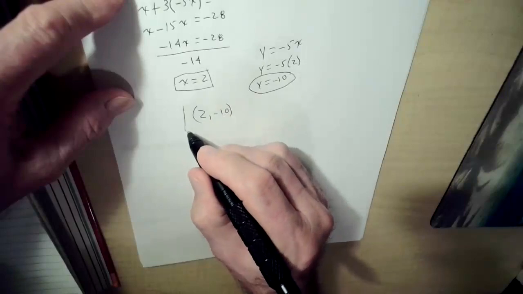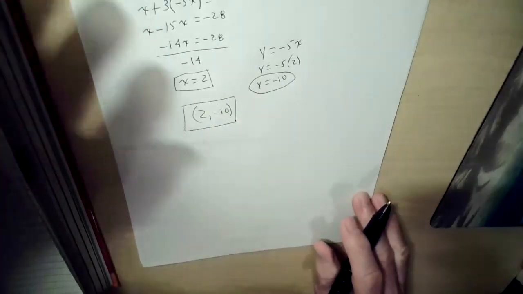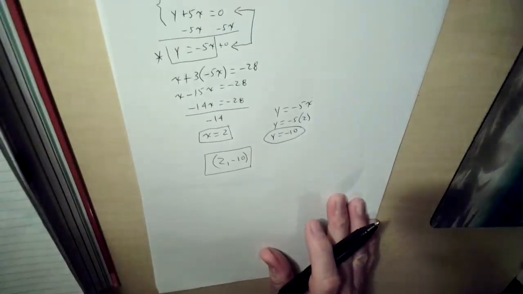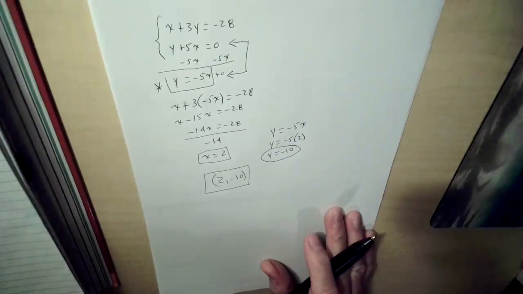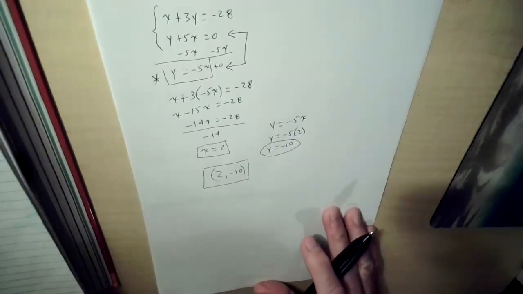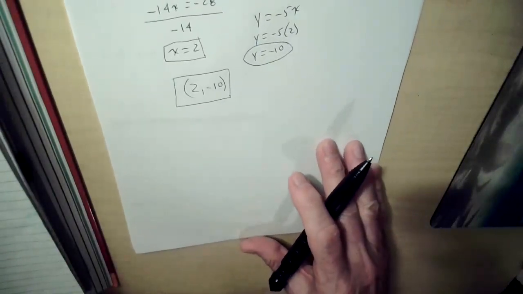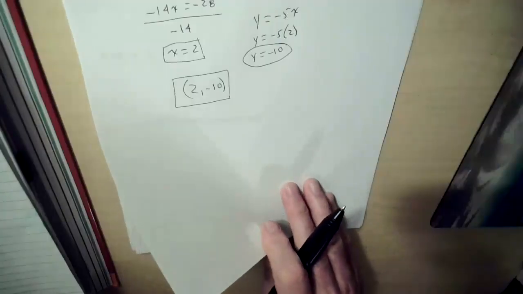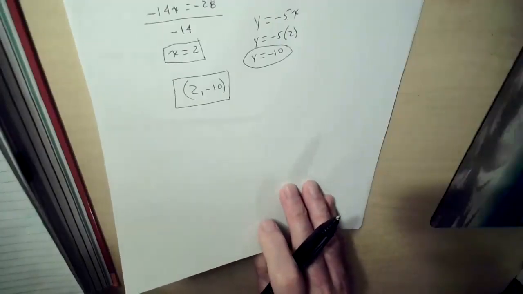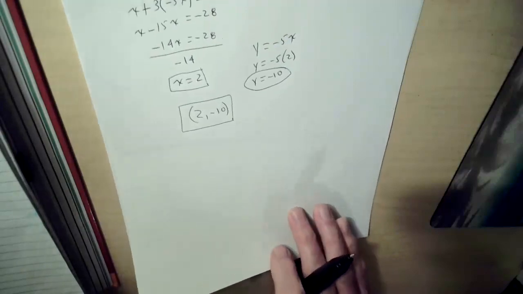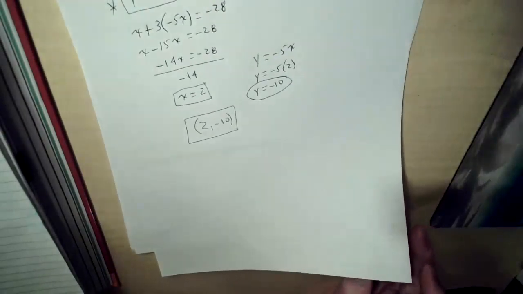So y is negative 10. So our solution here is 2 comma negative 10, in parentheses. Look at that. All proud of yourselves? You should be.